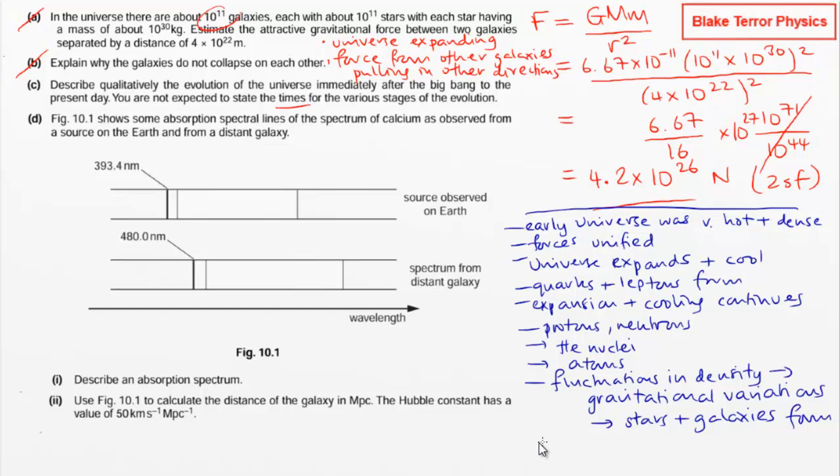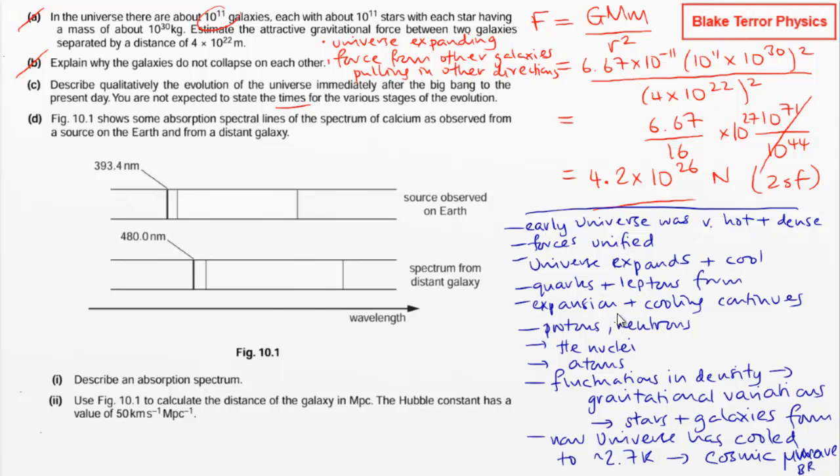Let's mention the background radiation. That's probably something we could say. Now the universe has cooled to about 2.7 Kelvin, and then say we've got the cosmic microwave background radiation.